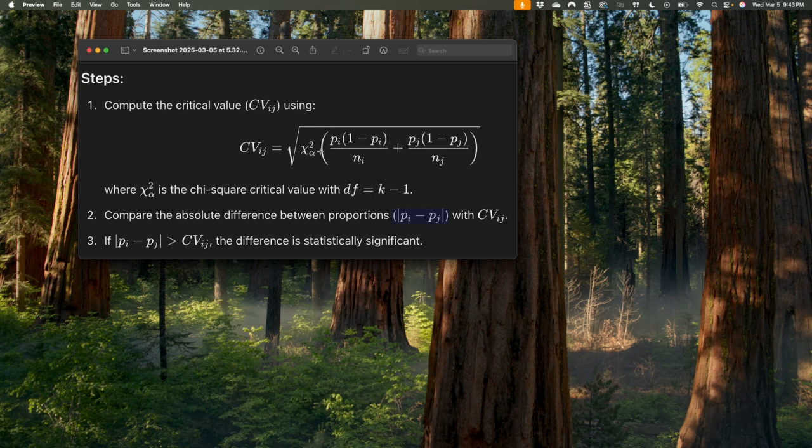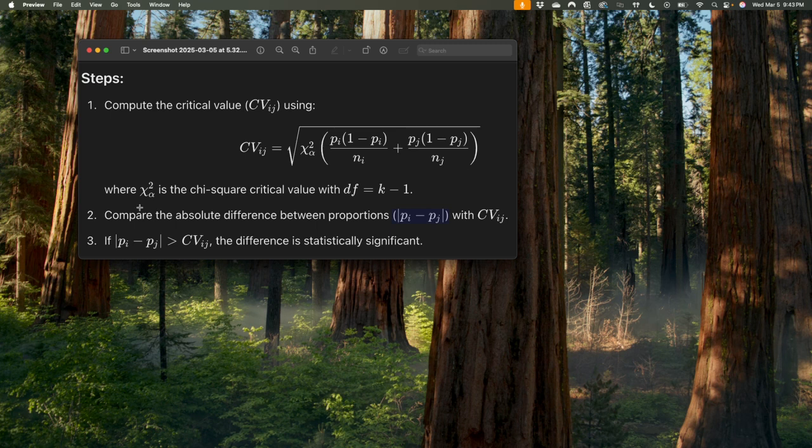It's the square root of your chi-square critical, which you get from your distribution table based on the degree of freedom, k or n minus 1. Then, depending on which proportion or supplier you're looking at, you have the sample proportion times 1 minus the sample proportion, divided by the sample size, plus the same for the other proportion.